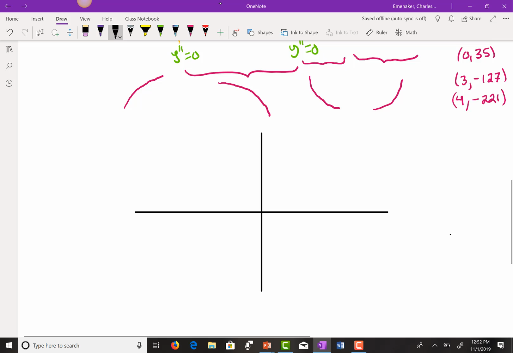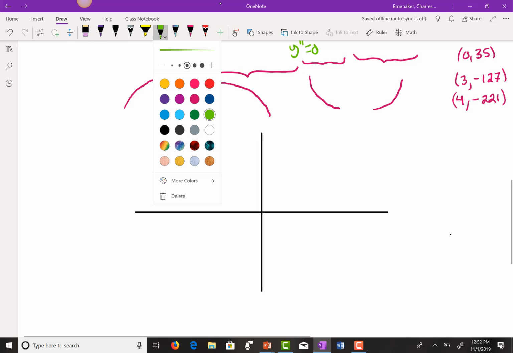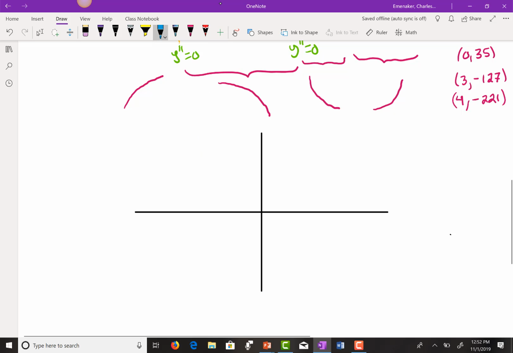Why do I have to watch my scale on this? We've got big numbers. That's exactly it. We've got numbers going all the way down to negative 220 and numbers going up to 35. So on the y-axis, I got to pick my scale kind of carefully. I'm going to do something like 50. Okay. It's not completely comfortable, but it might work.